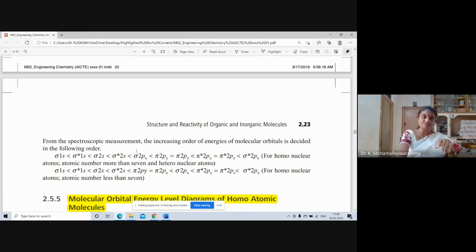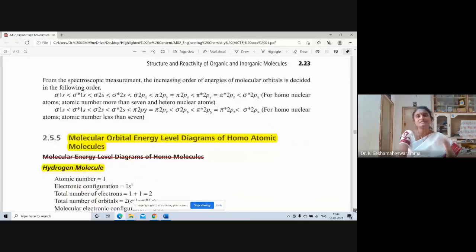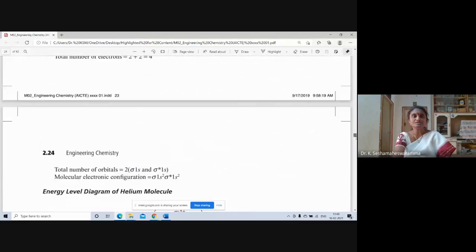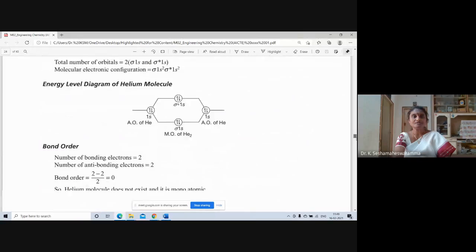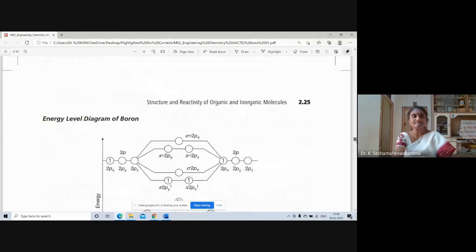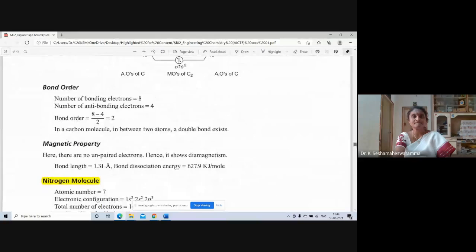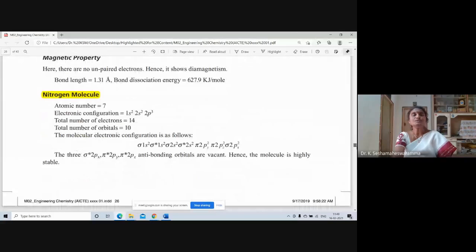Suppose as per your syllabus, molecular orbital diagrams of nitrogen and oxygen are there. So, the molecular orbital diagram of nitrogen.